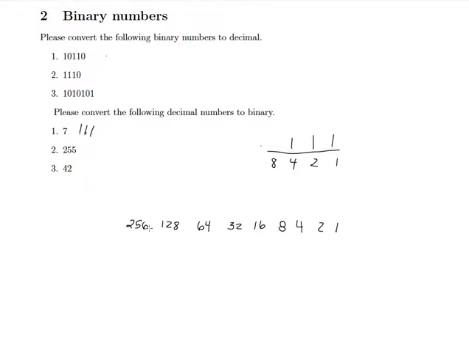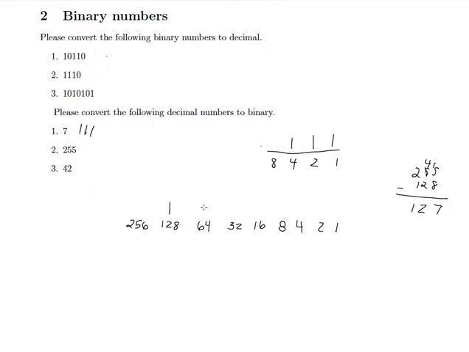Like if I'd forgotten this rule about powers of 2 and so forth, I would just simply say, okay, 255, does 128 go into 255? Yes, it does. And then I would take 255, subtract the 128 that I just used up from it, and I have 127 left. That's interesting.